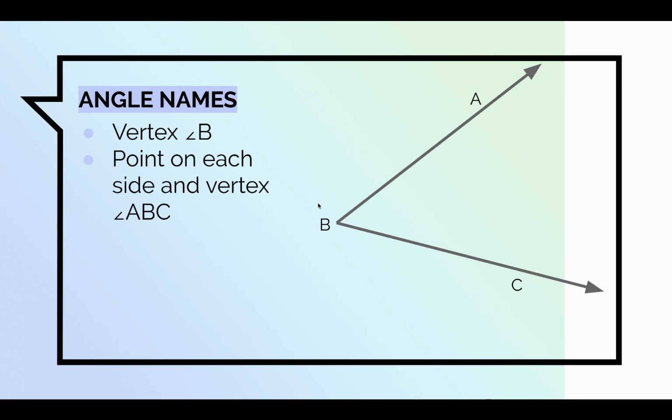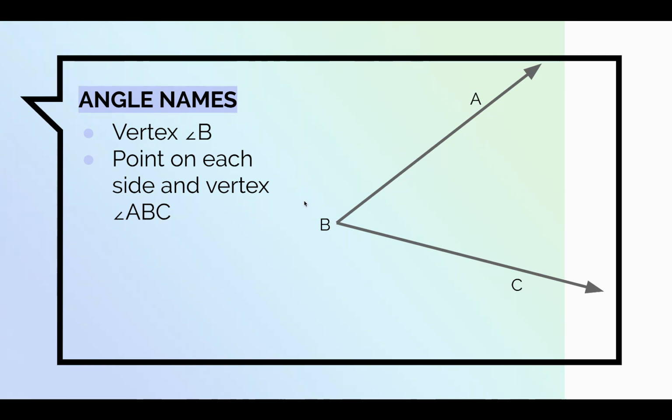The only thing that matters when naming it with these three points is that the vertex must be the middle letter. The other two points, A and C, can go in either order, but they have to be points on the two different sides of the angle. So angle ABC is the same thing as angle CBA.